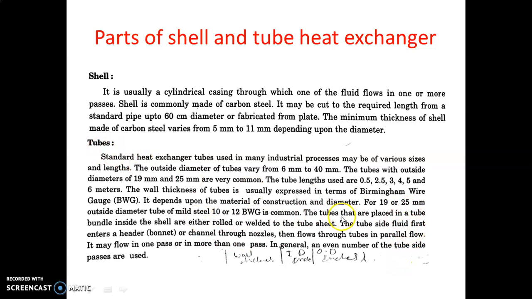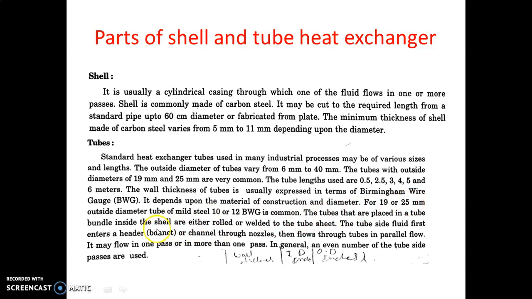These tubes are placed in a tube bundle inside the shell, either rolled or welded to the tube sheet. That means these tubes are collected as tube bundles, and then rolled or welded, that is, you just press the tubes into the tube sheet.